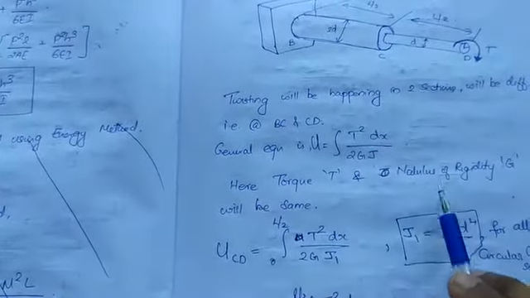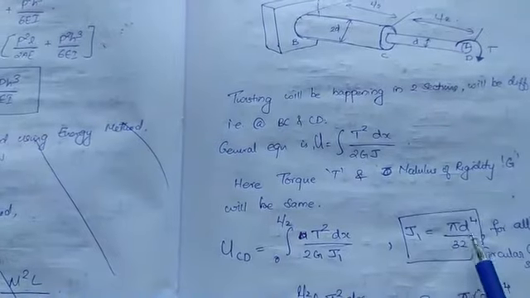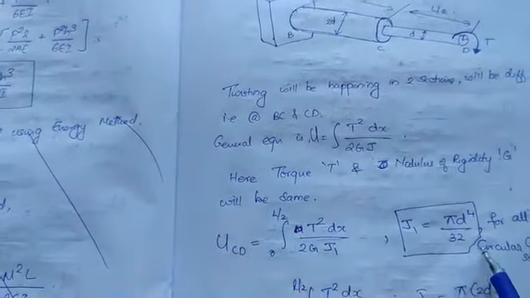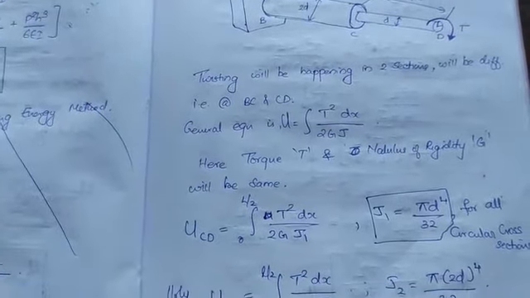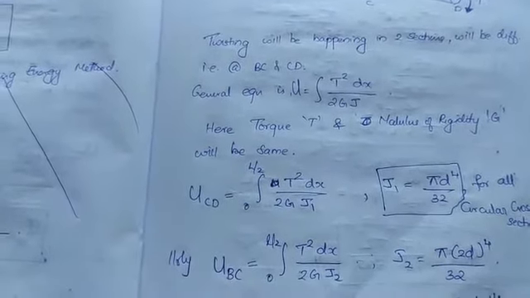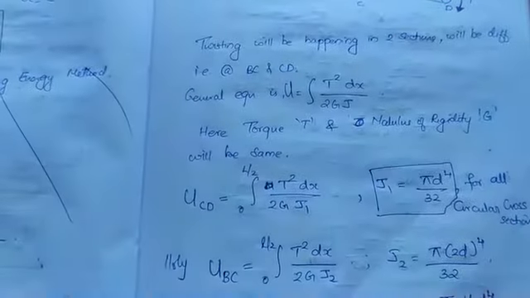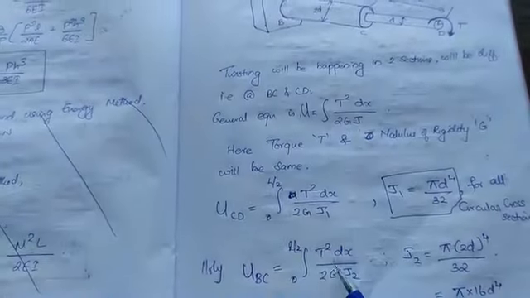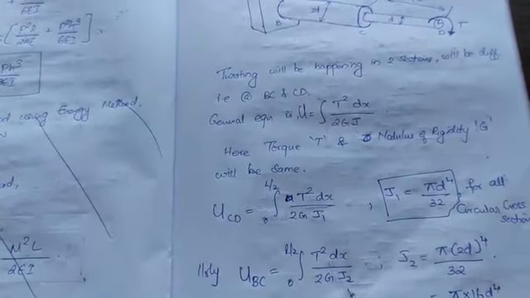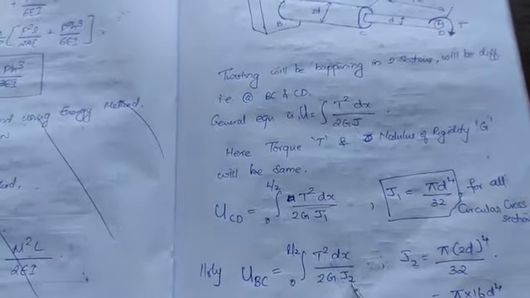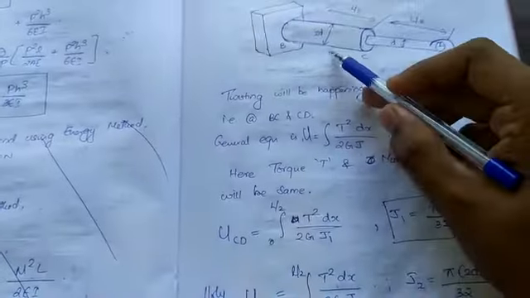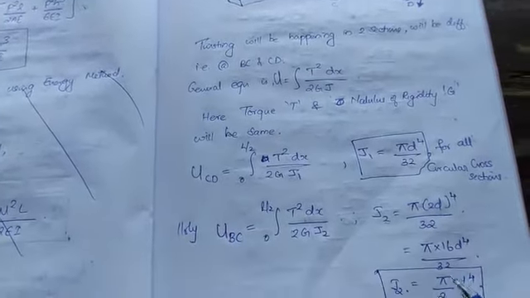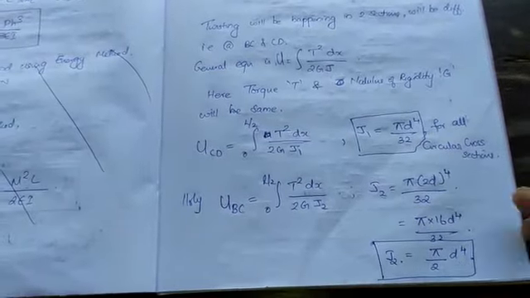So polar moment of inertia of a circular section is pi d raised to 4 by 32. Here the diameter is d, so it's pi d raised to 4 by 32. For the second section BC, it's the same equation but J2. Polar moment of inertia changes because diameter changes: pi into 2d raised to 4 by 32, which is pi by 2 into d raised to 4.